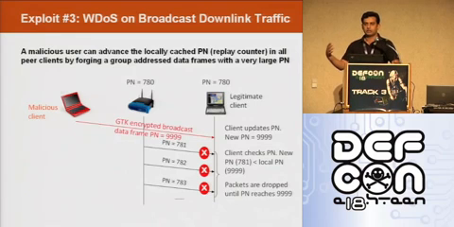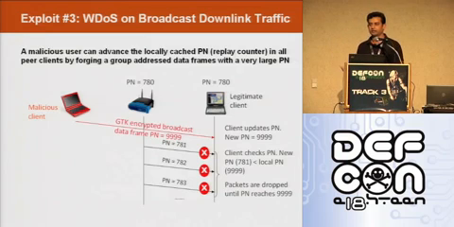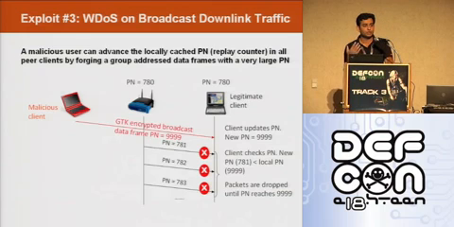But let's see what is happening at the client device. The client device finds that the numbers are too low compared to the locally saved packet number. The last saved packet number was 9,999 and I am getting 781, which means somebody is replaying packets. So the client device is going to drop all broadcast packets whose packet number is less than its locally cached packet number. Now imagine the implication of this.